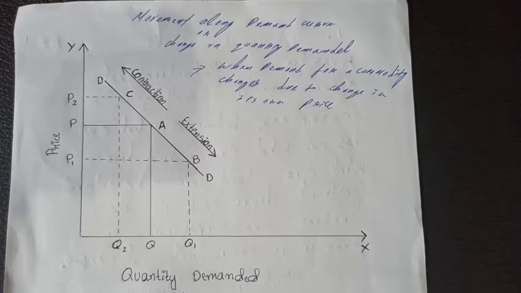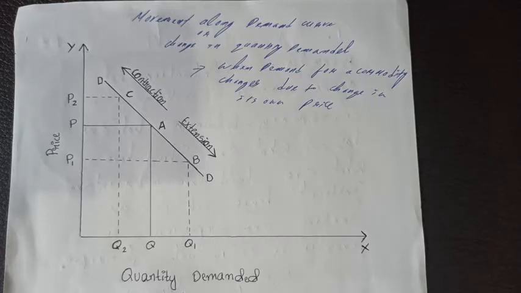Now movement along demand curve or change in quantity demanded is divided into two parts. One we call extension or expansion of demand, and the other we call contraction of demand. So what is expansion and contraction of demand?